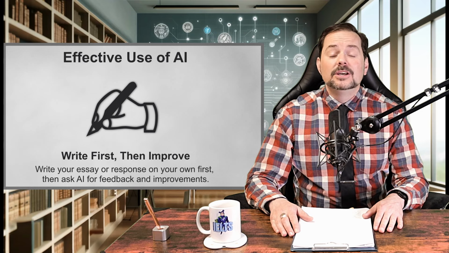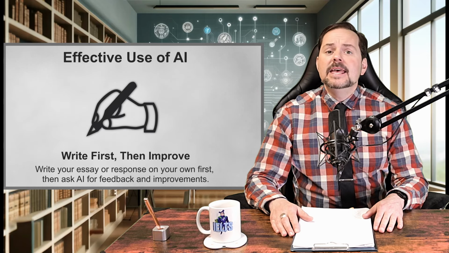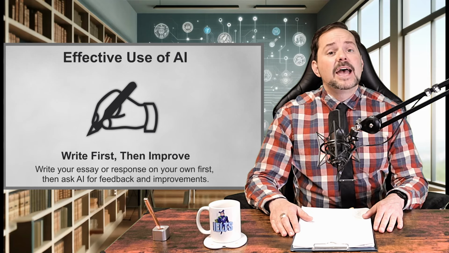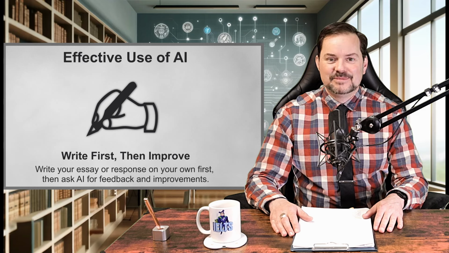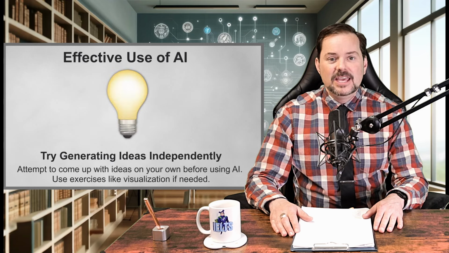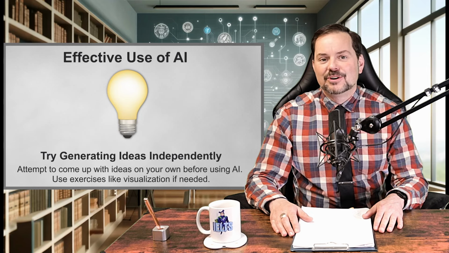Do your best to come up with some ideas. Write the essay and then ask ChatGPT to analyze and give feedback on that essay and to make improvements. This will be much more effective. Even for generating ideas, you should try it on your own first.